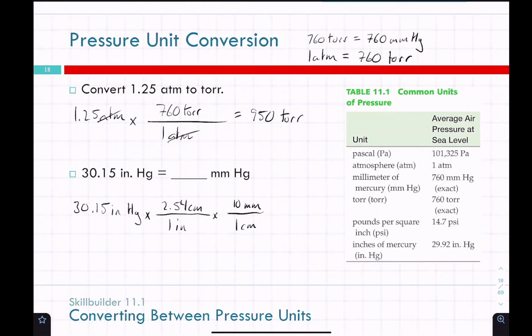So 30.15 times 2.54 times 10. So this is going to be 766 millimeters of mercury. Because millimeters of mercury and inches of mercury are just the height of the column of mercury, it's still just a length. So it's a little bit unique.